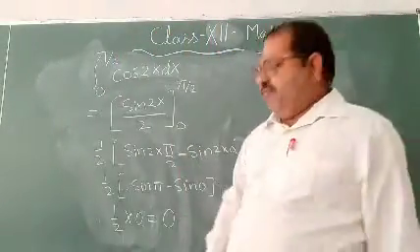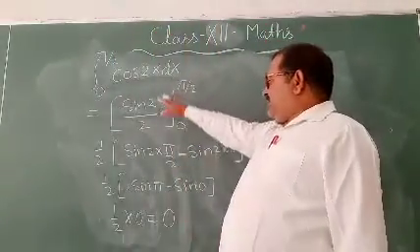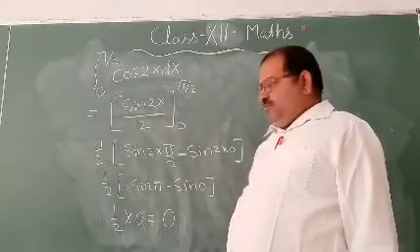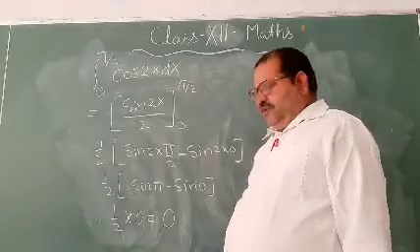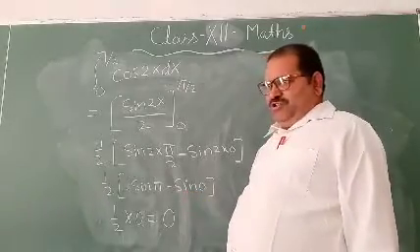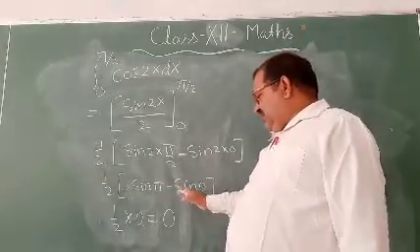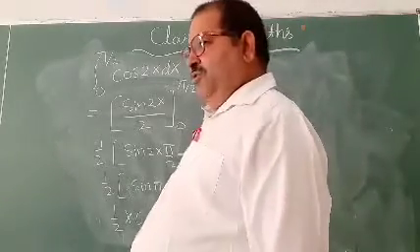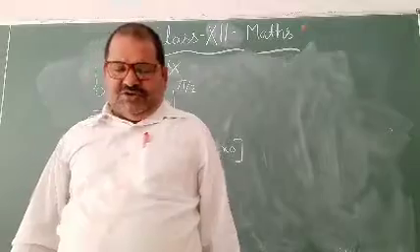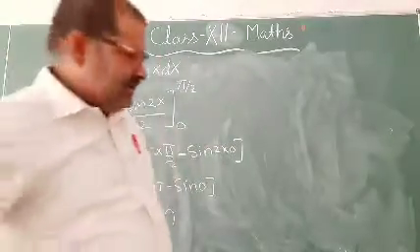The value of sin pi is 0 and the value of sin 0 is 0. So 0 minus 0 equal to 0 and 1 by 2 into 0 equal to 0. Clear? Next part.